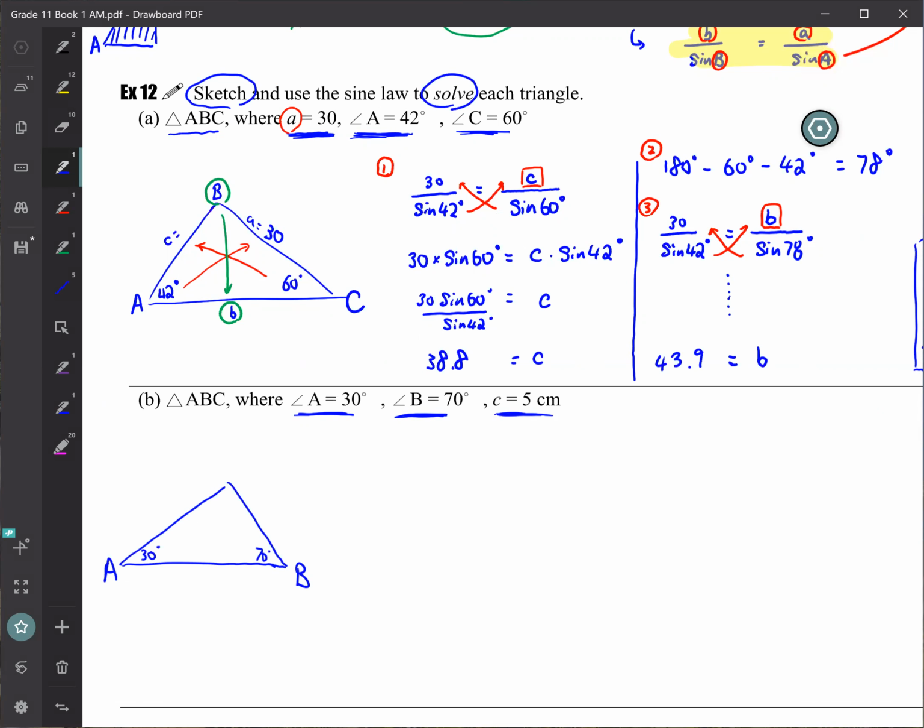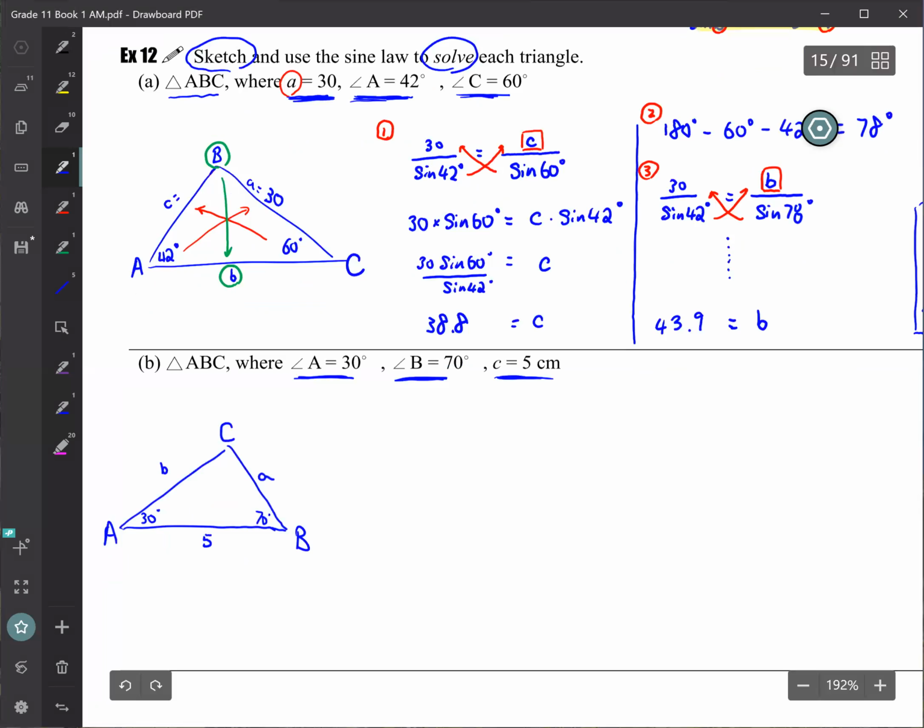So C must go on top then, and then side C is down here. The one that's across is the side B, right? Across from A is side A. Make sure you know how to place the right letters. Okay, so that's our picture.